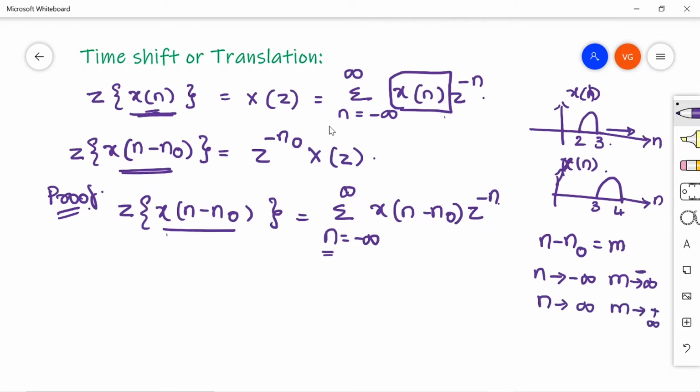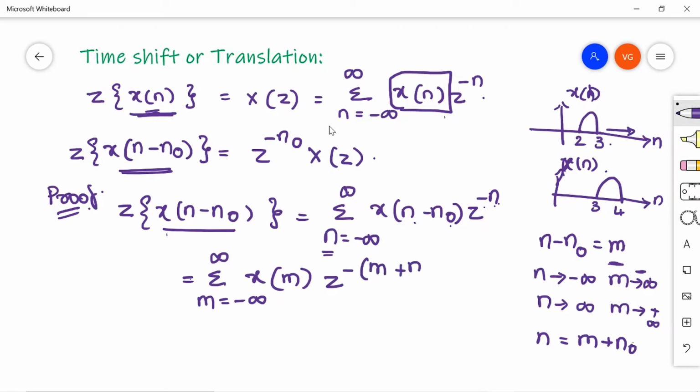Now this will become sigma, in place of n I am writing m, running from minus infinity to infinity. x of n minus n naught is nothing but x of m, so x of m z power minus n. See here, n is nothing but m plus n naught. So minus n means minus of m plus n naught. I am trying to bring this in the form of the definition of Z transform.